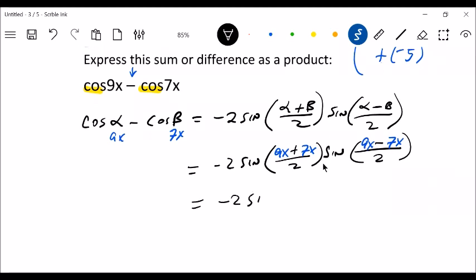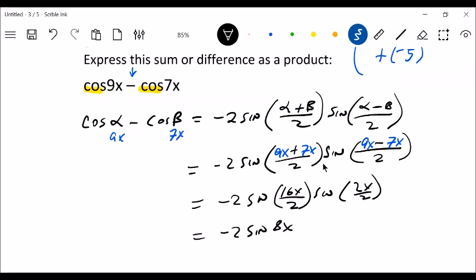So it's negative 2 sine 9 plus 7 is 16, or 16x over 2. Sine of 2x over 2. Negative 2 sine 8x, and then sine x. Well, it doesn't look to me like we can do it any differently. Sine 8x sine x.